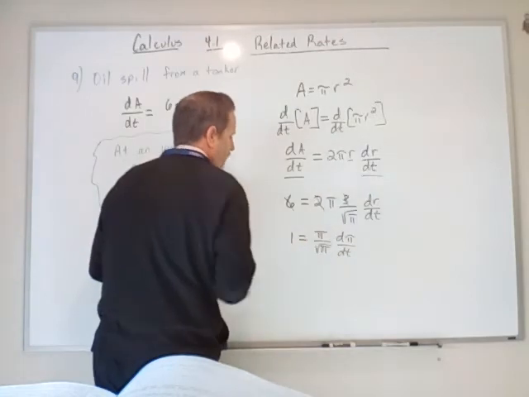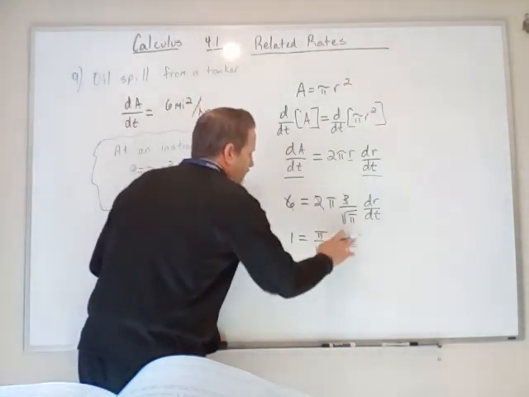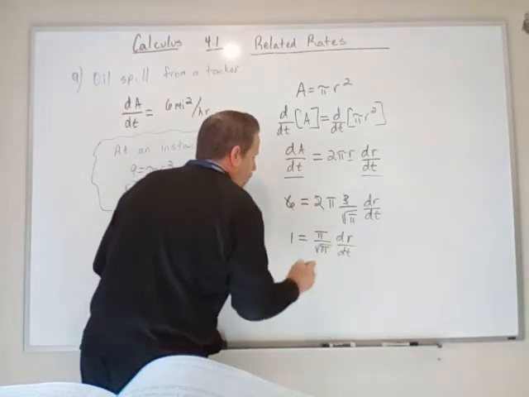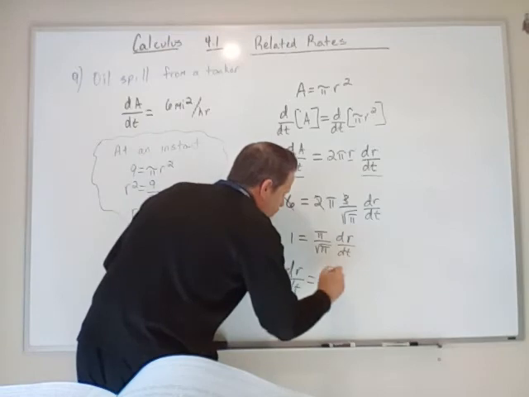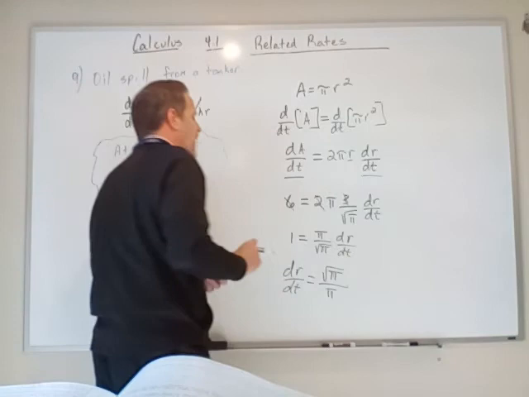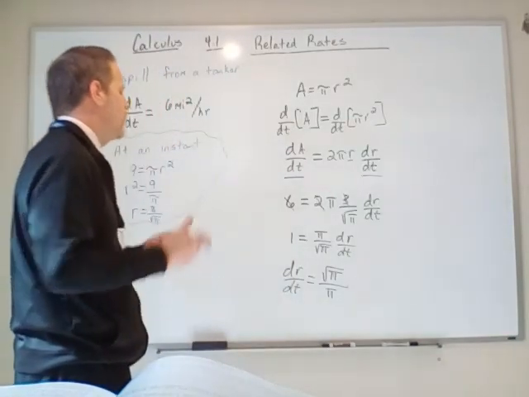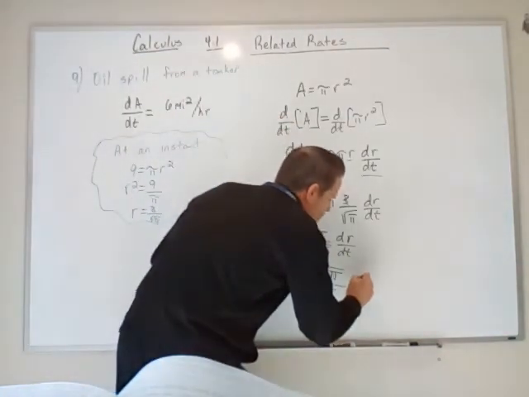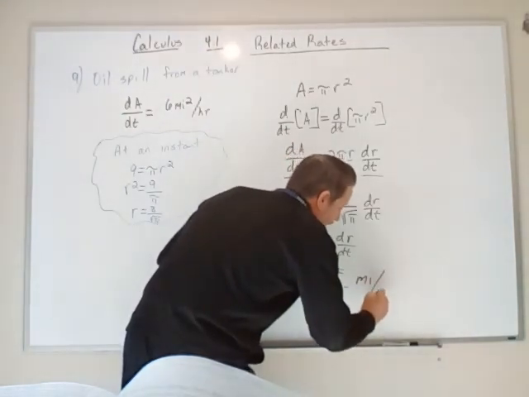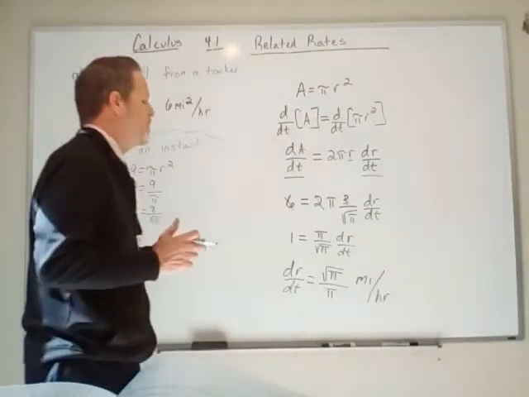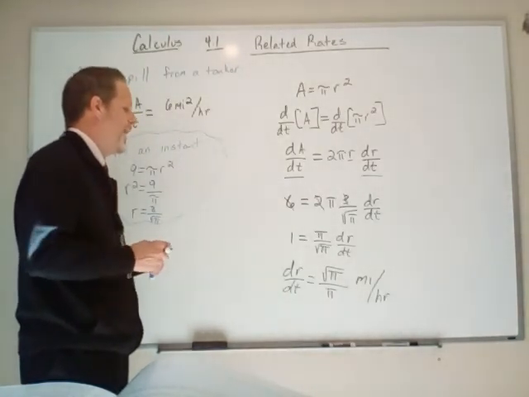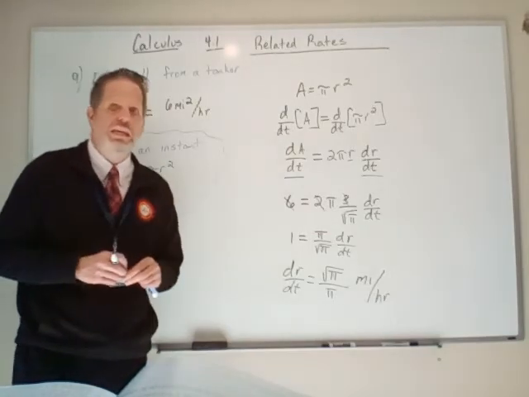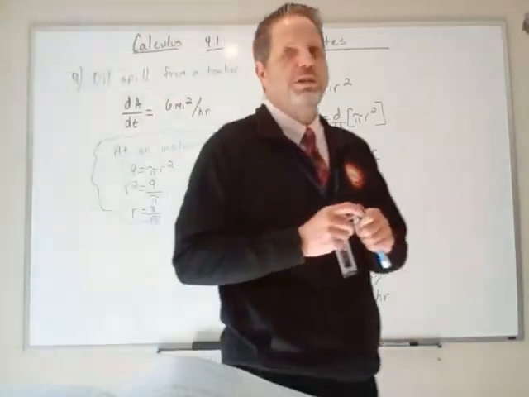That means dr/dt is going to equal the square root of pi divided by pi. It's a rate per time, so in this case the units would be miles per hour. It was already rationalized. We could unrationalize it and make it 1 over root pi. But we found dr/dt at an instant for this related rate.